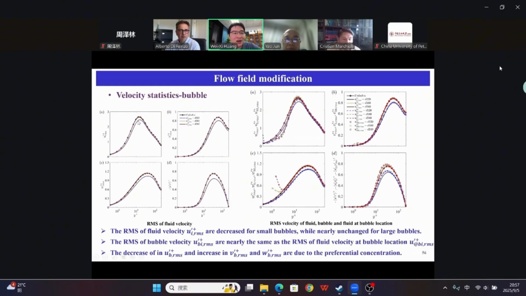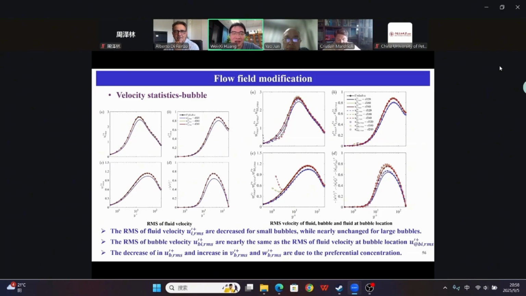But this is also related to the fact that for very small bubbles, the buoyancy effect is also reduced because they are concentrated near the wall. Then in the outer part, as the buoyancy force effect is reduced, the mean flow velocity for the very small bubble case is also reduced.